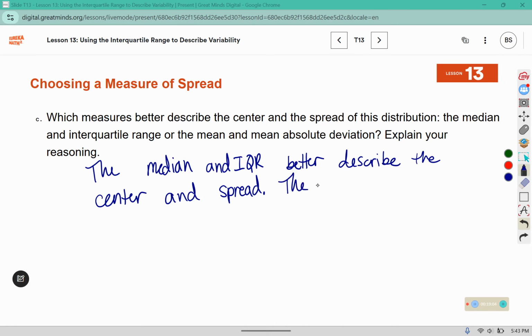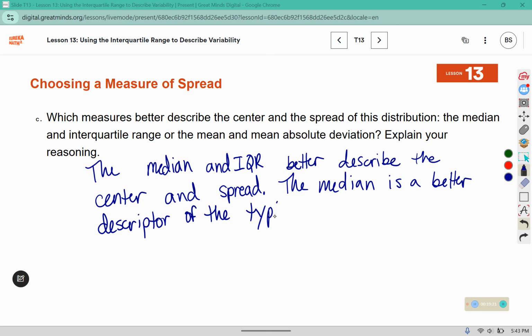The median is a better descriptor of the typical number of potatoes used. The IQR calculation is based on the median.